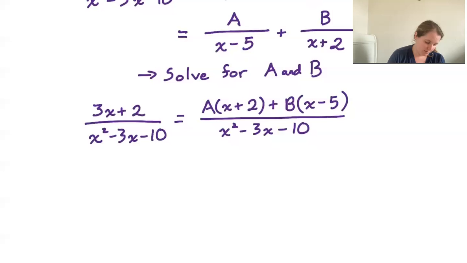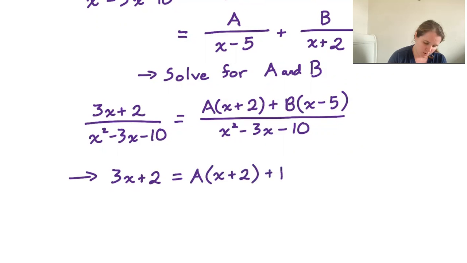And so what we have then is that 3x plus 2 is equal to A times x plus 2 plus B times x minus 5.